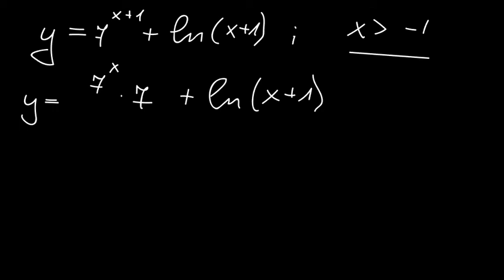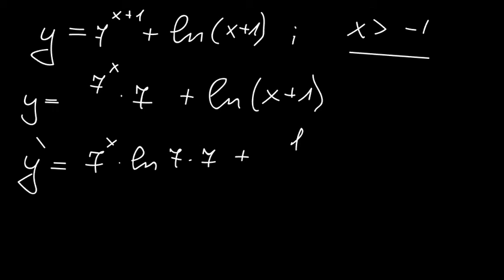Now we can find the derivative, and it would be 7 to the power of x times a natural log of 7 times 7 plus 1 over x plus 1. We are looking at this as a natural log of u or something, but I wouldn't recommend saying x because we have x here.